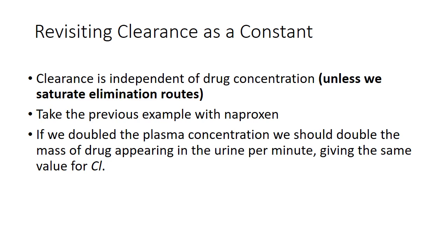So for naproxen, if we doubled the plasma concentration, we should double the mass of drug appearing in the urine per minute, giving the same value for clearance, right? So that hopefully clarifies why it's a constant. Because you double the amount in the blood, you double the amount appearing in the urine per minute. So it's that fraction being constant.